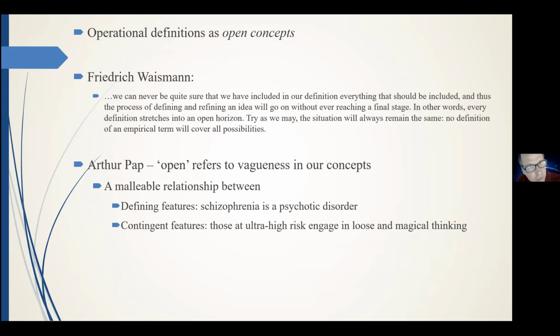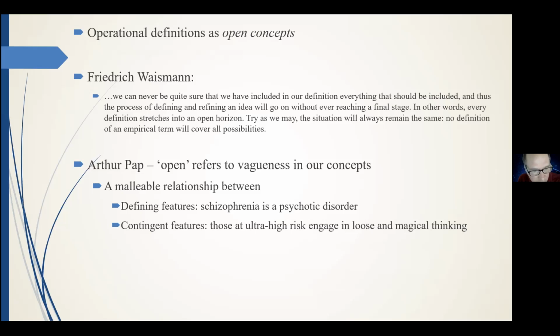This stuff is very complicated and hard to read, by the way, these articles. At this point in philosophy of science, defining features like this would have been considered to be conventions. And conventions are neither true nor false. They are not arbitrary, but they're freely chosen. And then conventions would have been considered necessary once chosen, and they would have been considered analytic, true by definition.